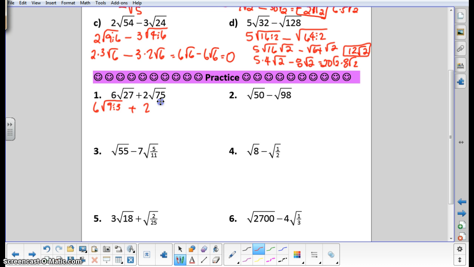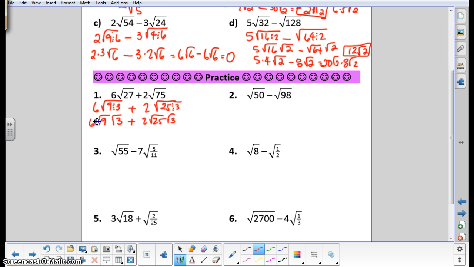Plus 2, and our perfect square here is 25 times 3. So if we split that, square root of 9, and that's root 3, plus 2, root 25, root 3.